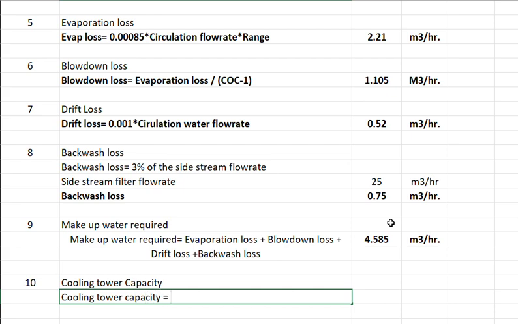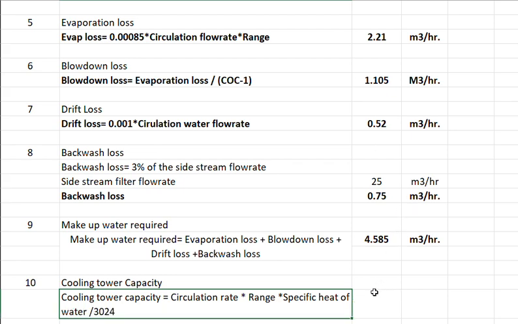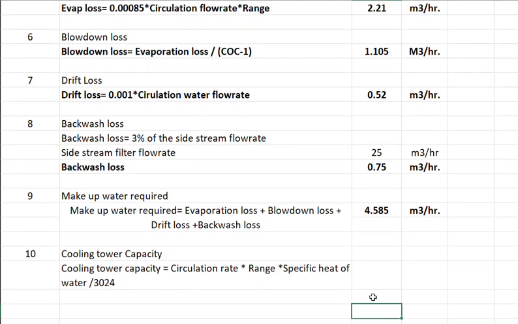Capacity is simply m Cp delta T, so I write it as circulation rate, m is our mass, into range, into the specific heat of water, and that needs to be converted into TR. To convert that into TR, we just need to divide by 3024.